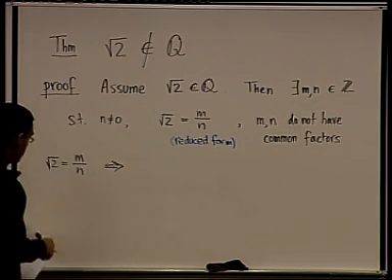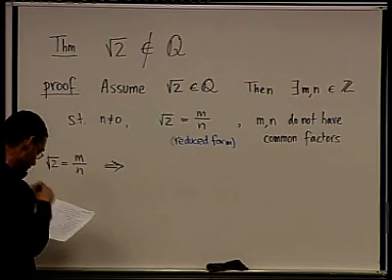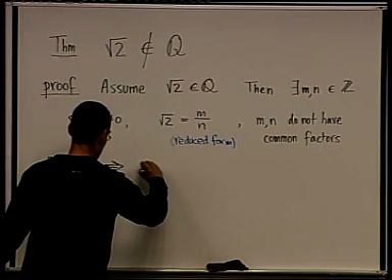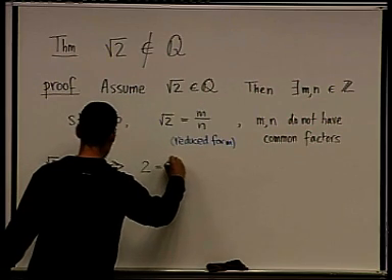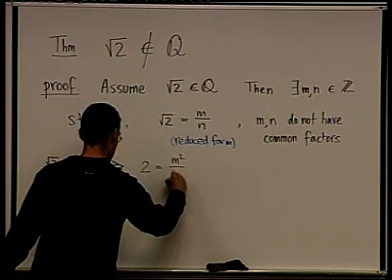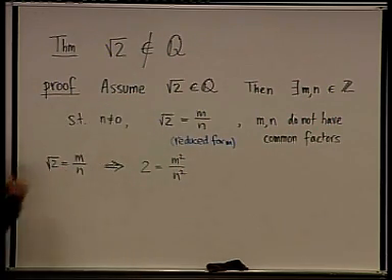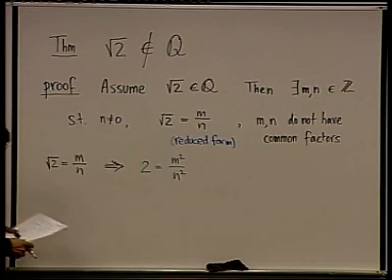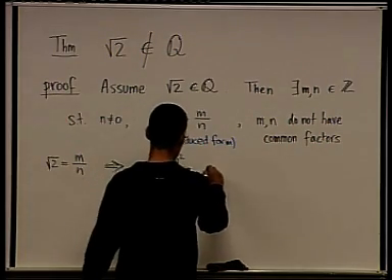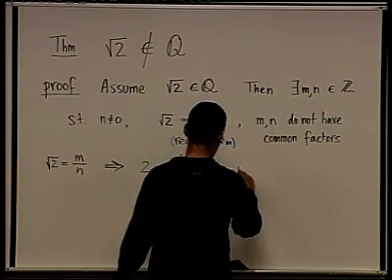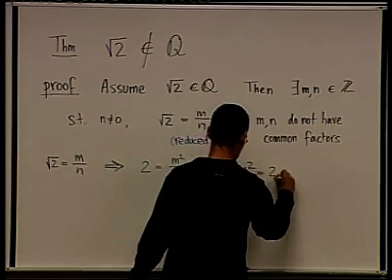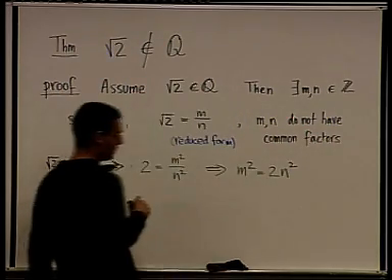So if root 2 is m over n, it follows that 2 equals m squared over n squared. I squared both sides. If at any point I write a step that you don't agree with or need a further explanation, just let me know. Okay? Okay. So from here it follows that m squared equals 2n squared.